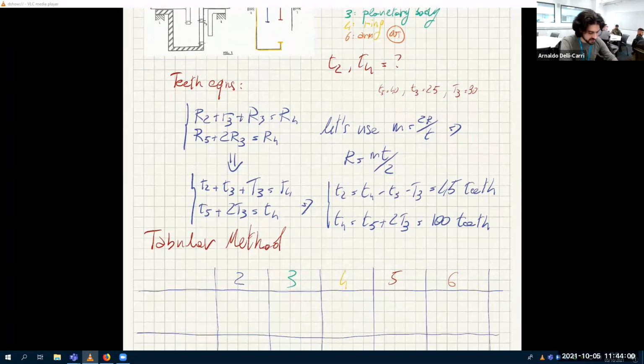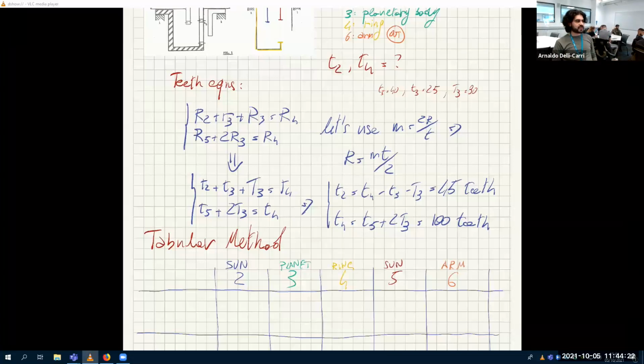Okay, we have identified these. This is the sun. This is the planet. This is the ring. This is another sun. And this is the arm.